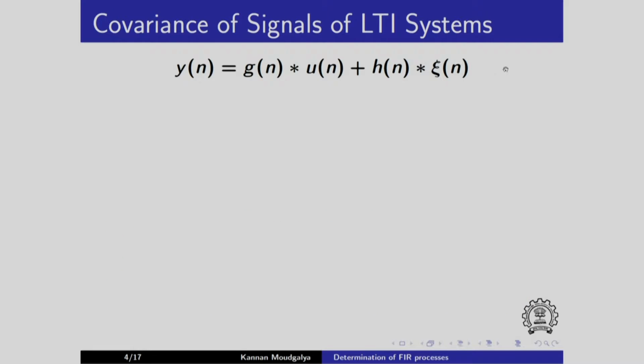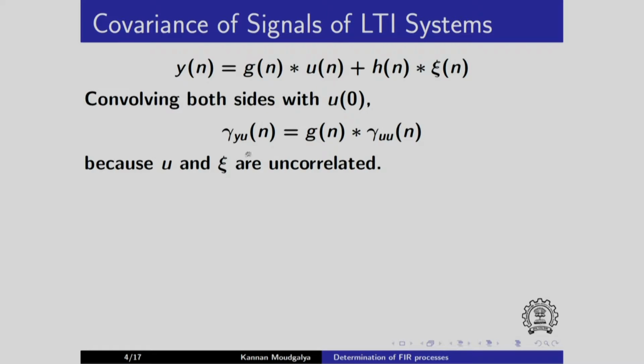So let us start with the model we had in the previous slide. Let us convolve both sides with U of 0. We get this expression. So Y is the first index in the subscript and U is the second one, and the difference between n and 0 is n.